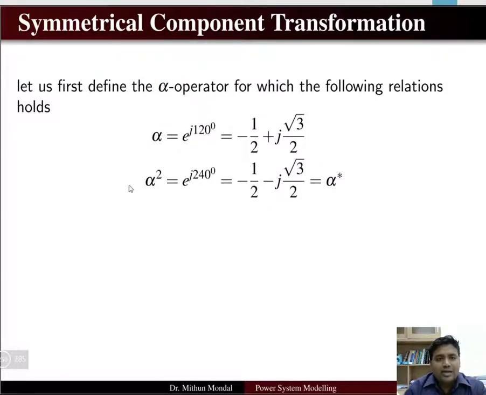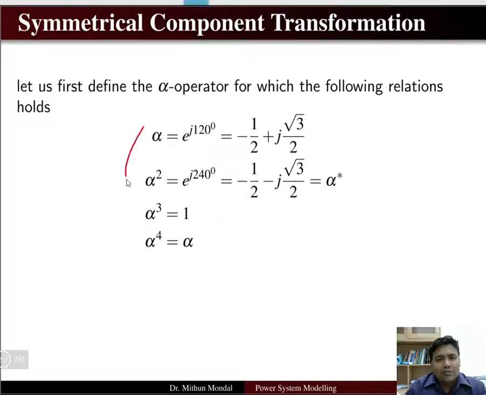We can see that if we do alpha square, we'll get the alpha conjugate term, that is, the negative of the imaginary number. Then alpha cube will be equal to 1. So alpha is e to the power j120, alpha square is e to the power j240, alpha cube is equal to 1, and so on.